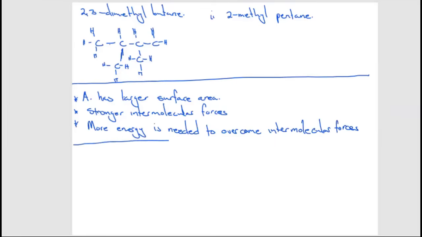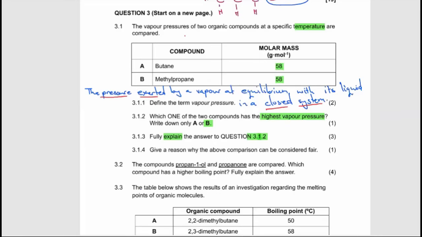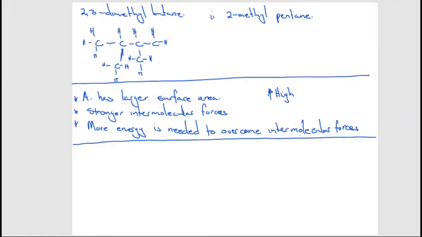It means in terms of A, if more energy is needed to overcome intermolecular forces, this one is going to have a high boiling point. So it's going to have a higher boiling point, right? And then automatically its vapor pressure is going to be low, a low vapor pressure, right?